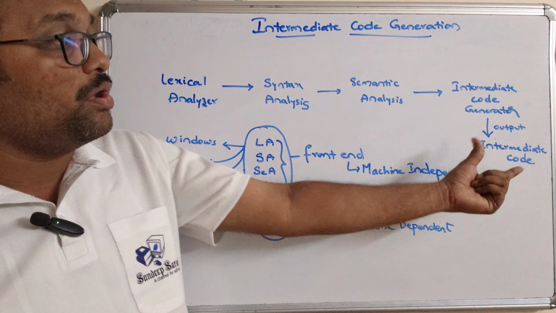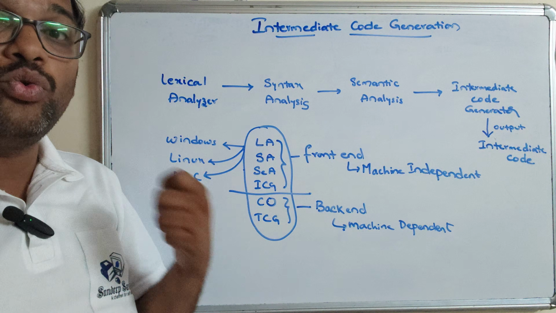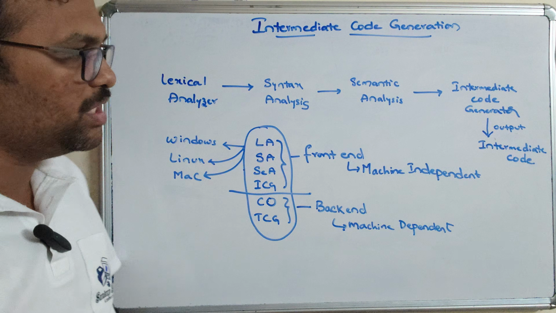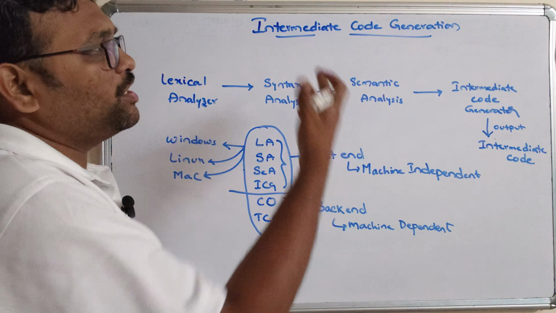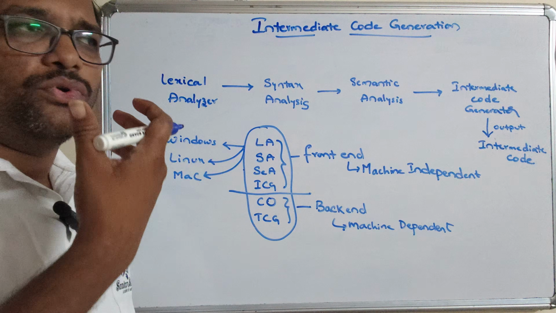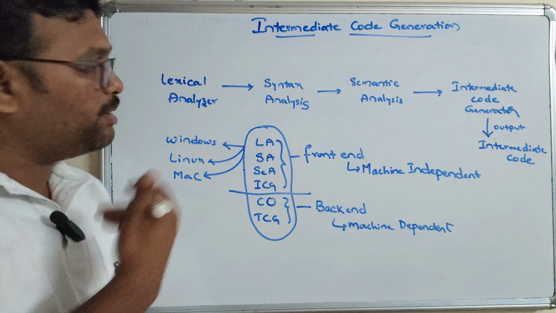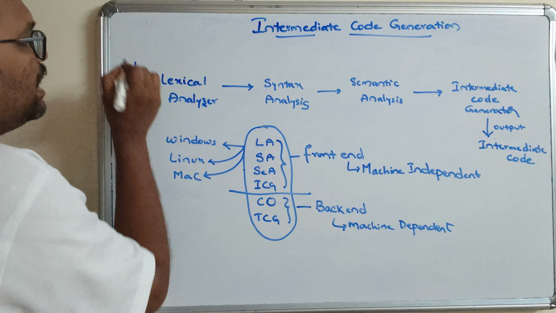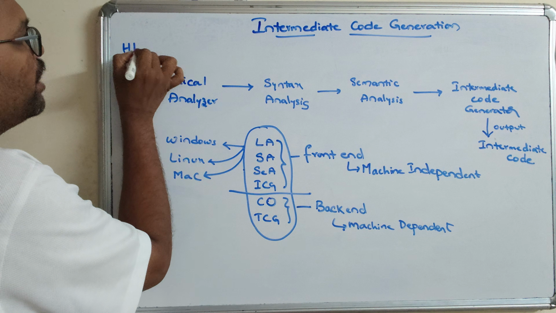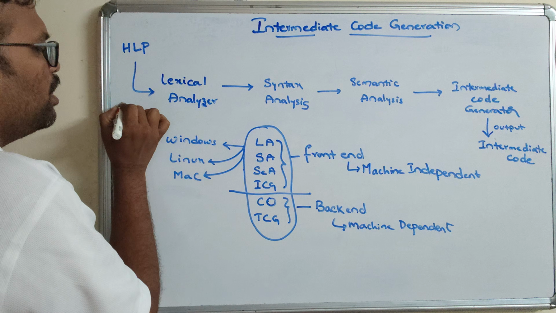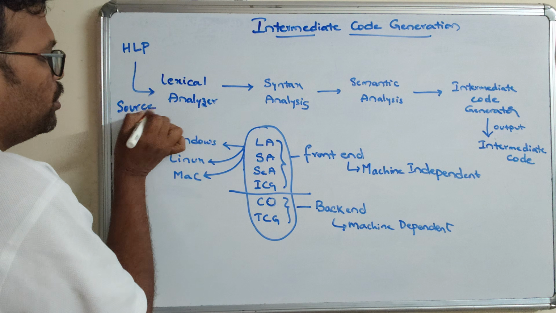That's why we call it very crucial. The definition of intermediate code generation is that it's the fourth phase of a compiler which will convert the high level program. The input for the lexical analyzer is the high level program, or source program, source code.